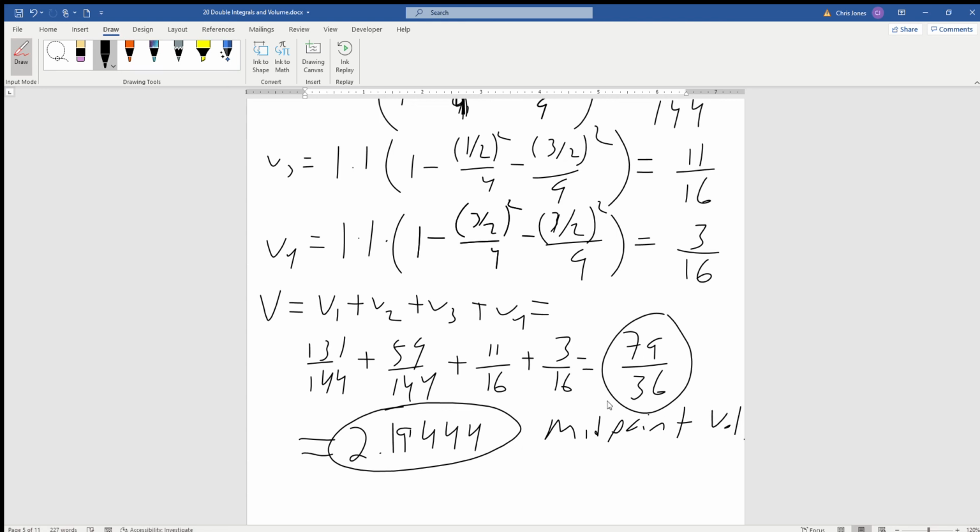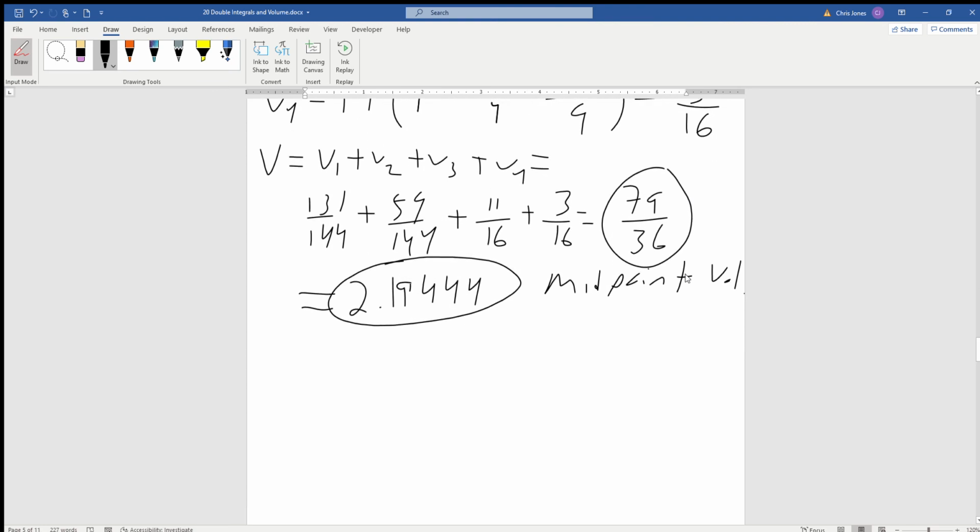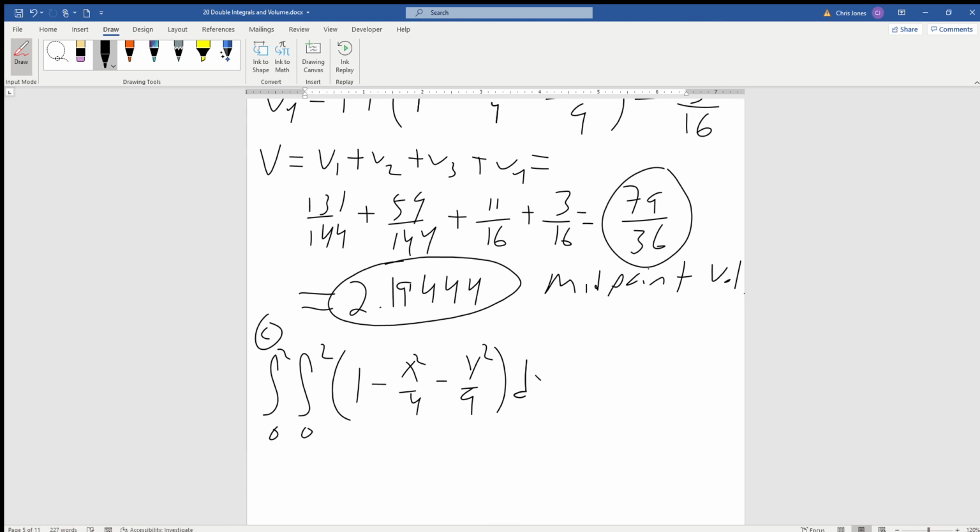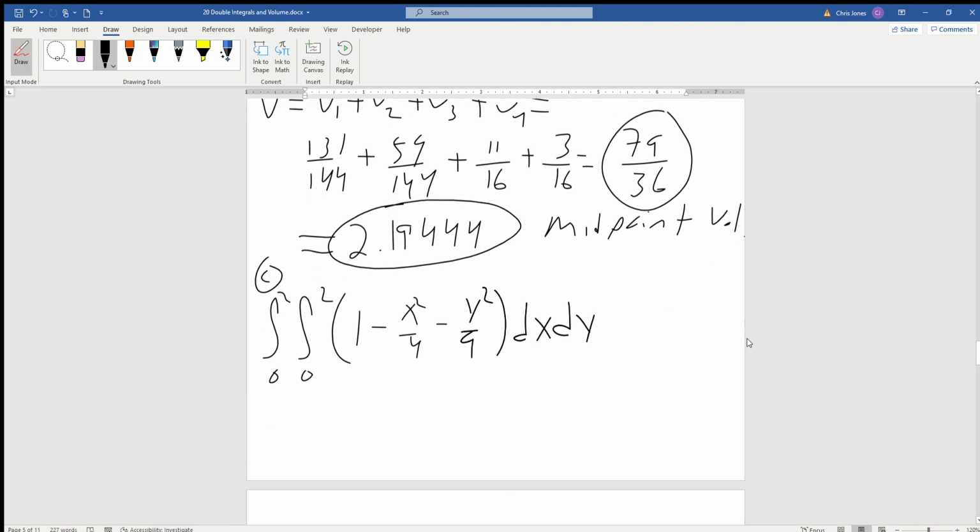Now what's the exact volume? Well, what we're going to do is find the analytic value. So that's the integral from 0 to 2, 0 to 2, of 1 minus x squared over 4 minus y squared over 9, dx dy. Remember, that was our iterated integral that we formulated earlier.